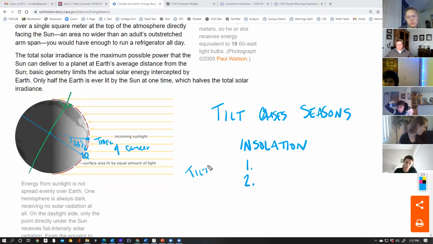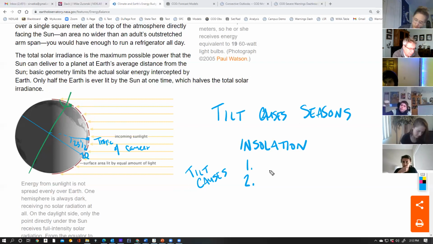Earth's temperature changes. Well, why? You're not wrong, Aaron, but why? Because more.